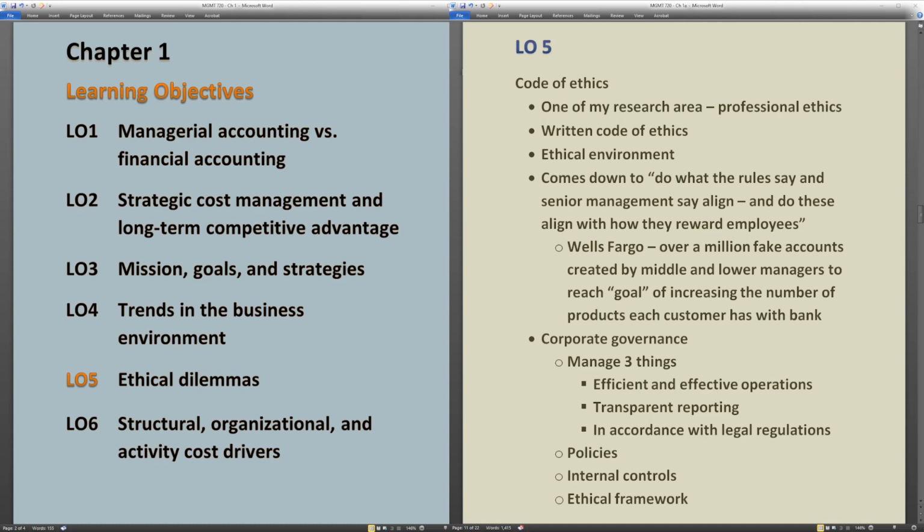Do those align? And not only do those two things align, but do those two things align with how they actually reward employees? In other words, it's nice to say do the right thing, but if you reward employees for doing the wrong thing, it doesn't matter what the rules say and what management says. If you reward employees for doing the wrong thing, then still you won't have an ethical environment.